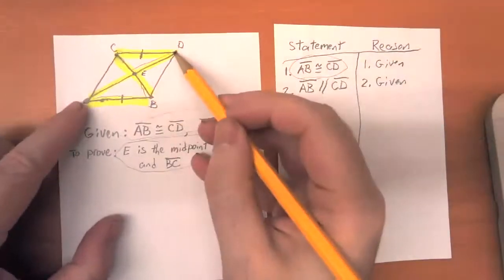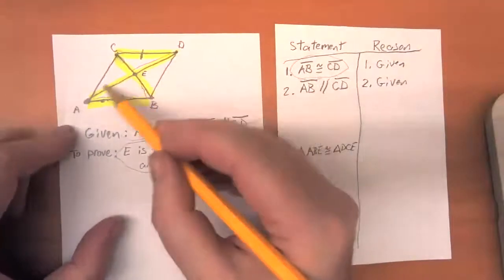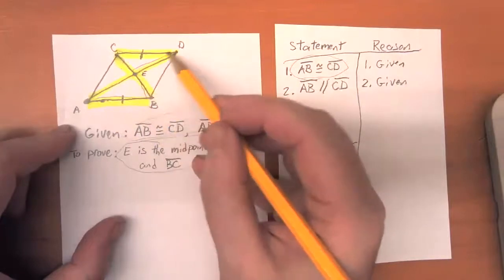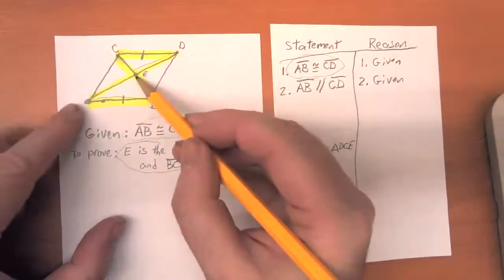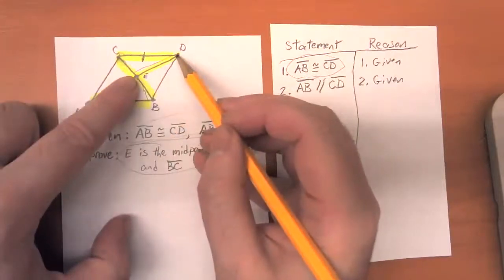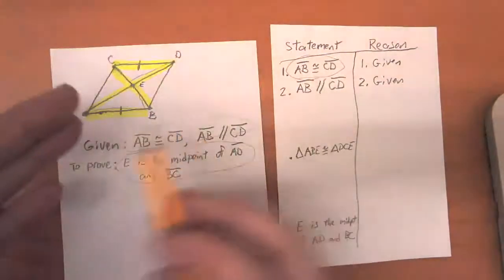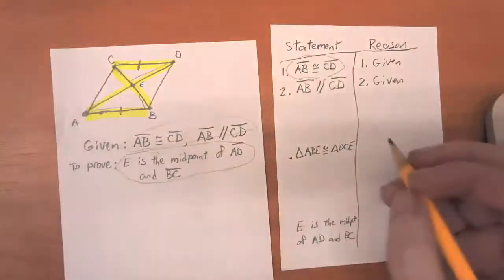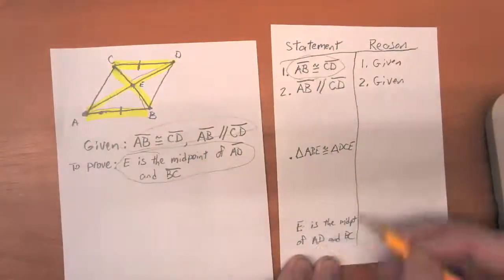E is the midpoint of AD, which means the distance from E to A is the same as the distance from E to D. So that means that AE is congruent to ED. There's nothing in the givens of the proof that tells me that, but I'm going to need that down at the bottom.